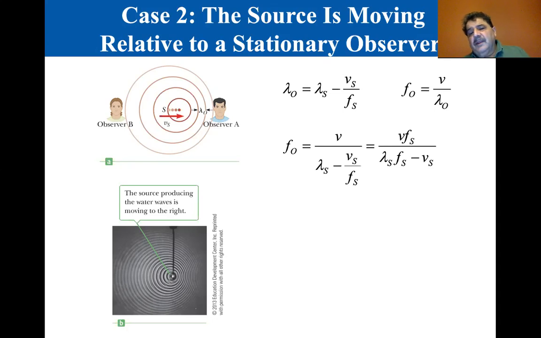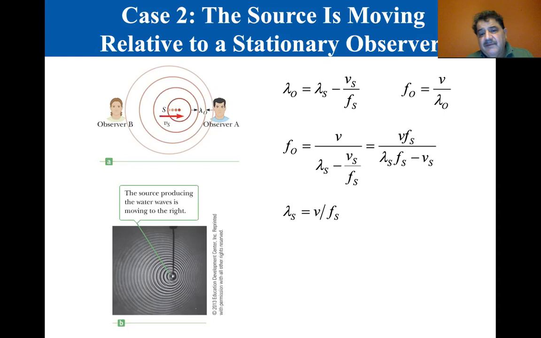So f of the observer is equal to v over lambda of the source minus v of the source divided by frequency of the source, which equals v times frequency of the source divided by v minus v of the source.